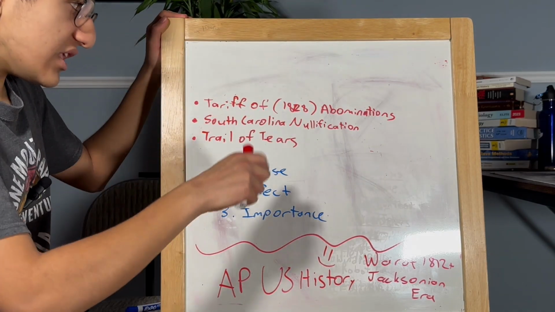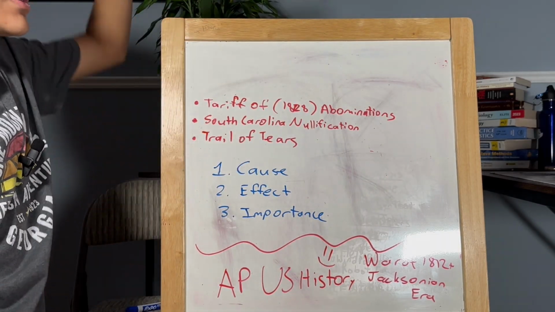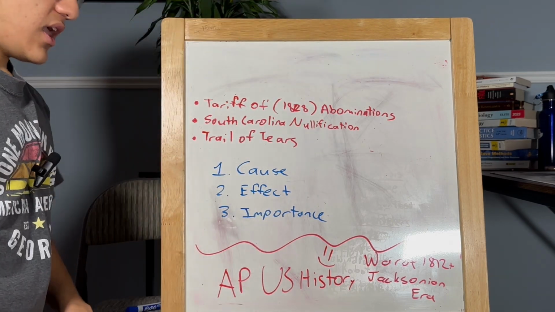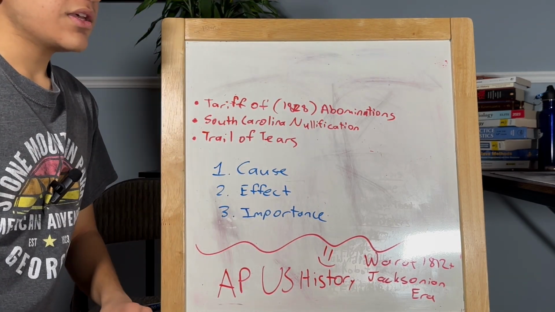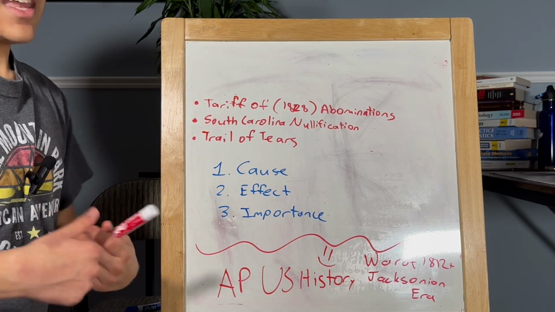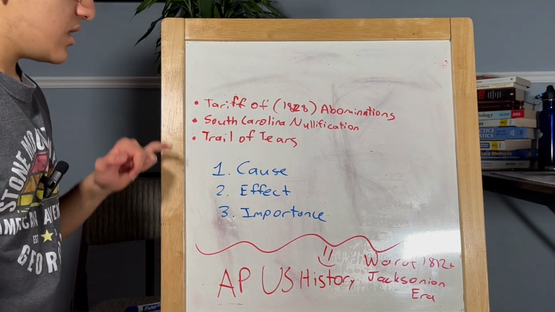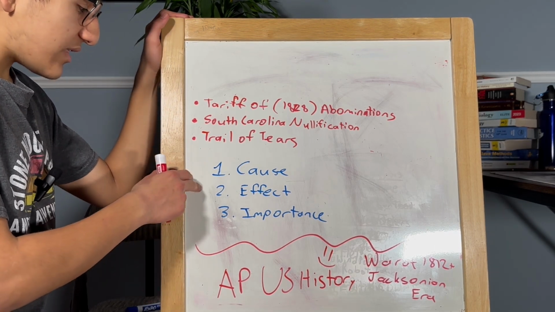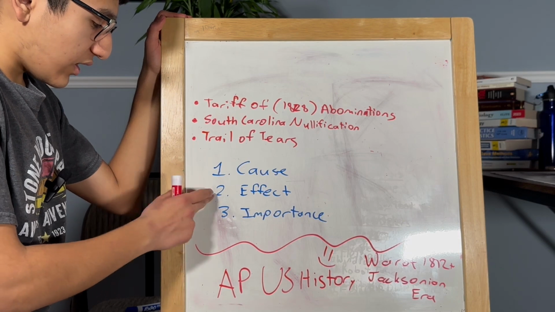So now they have to pay for the slightly more expensive Northern goods, and other countries will put tariffs on their goods, and therefore they can't export as much. That caused them to get upset. They try to nullify it. So nullify, they try to ignore it.